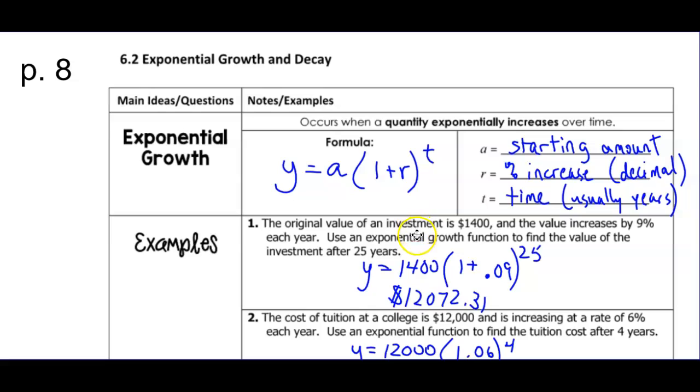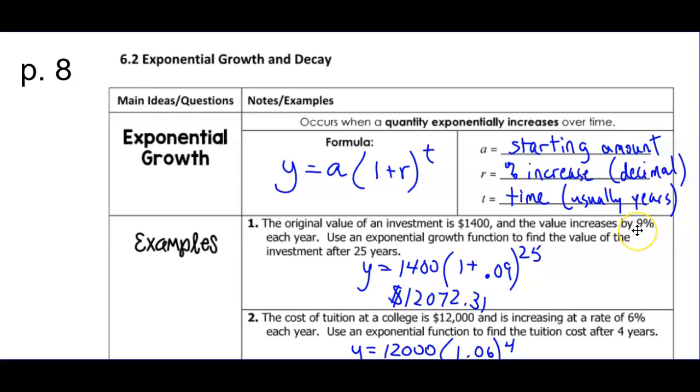Going back to these examples, let's go over a couple of them so we remember how to do them. When you see the words original value, or anything else that indicates a starting amount, that goes before the parentheses because that's what A represents. The 1 is always there because the formula is 1 plus. When you plug in the rate, it's written as a percent, so you move the decimal point back 2 places.